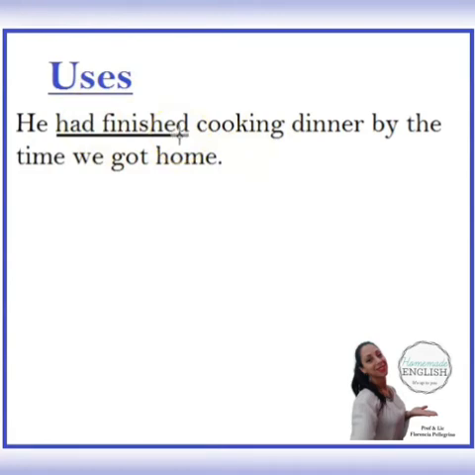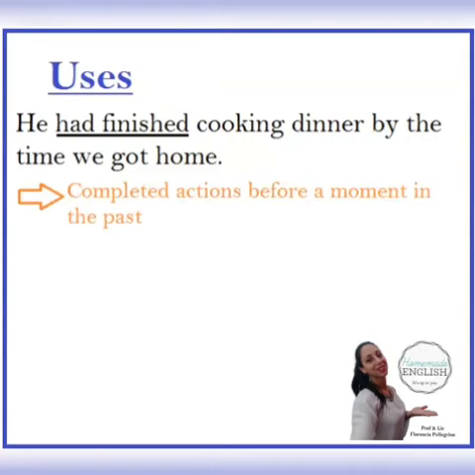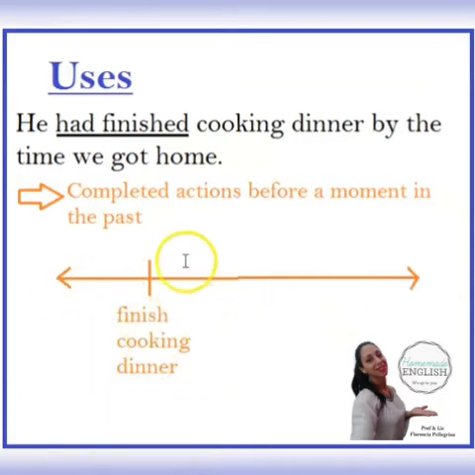Cooking. So the first use is to talk about completed actions before a moment in the past. So, if this is a timeline, the action finish cooking dinner happened first, and then the action get home happened.